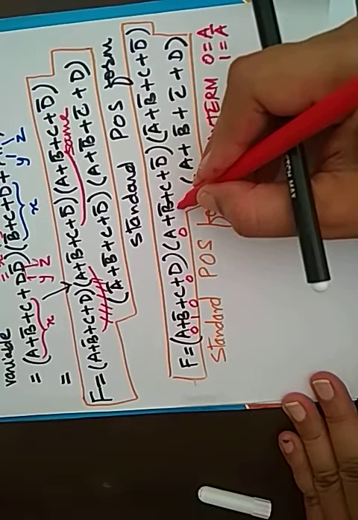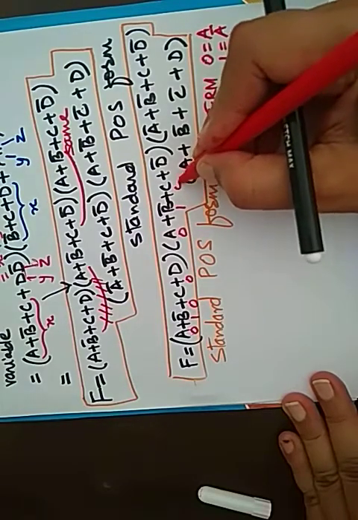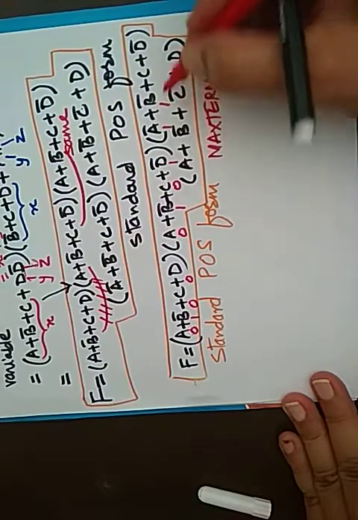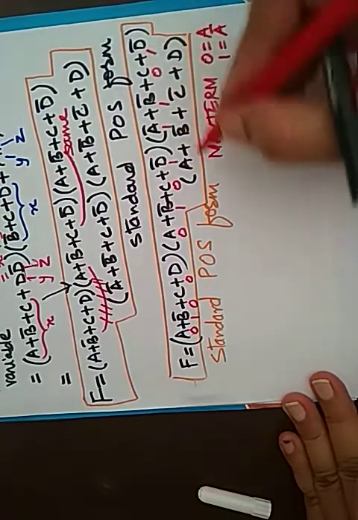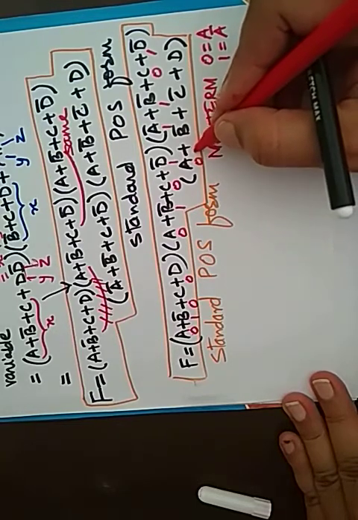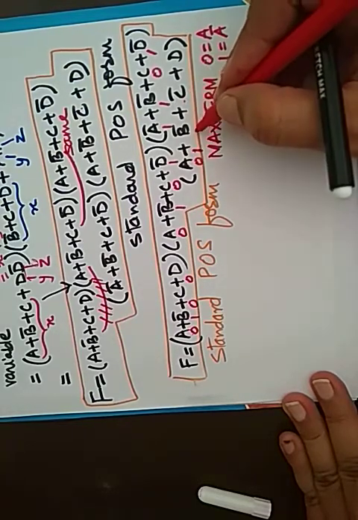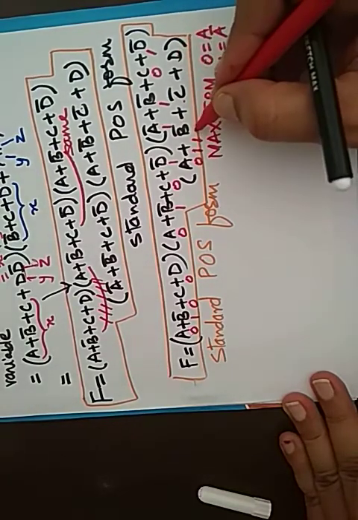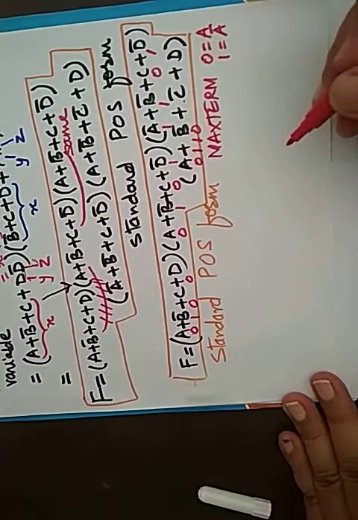This is 0, 1, 0, 1. 1, 1, 0, 1. And the last term A is 0, B bar is 1, C bar has a bar, so it is a 1, D has no bar, so it is a 0.